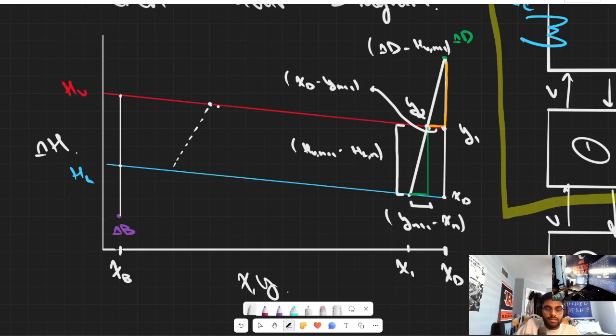So this is a line, this point is going to be in equilibrium with this liquid composition, and this is going to give us this intersection point. Something like this.